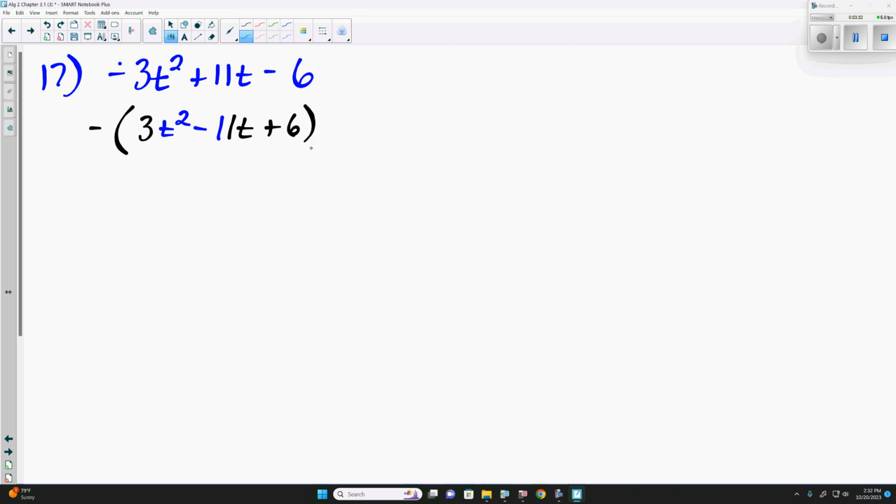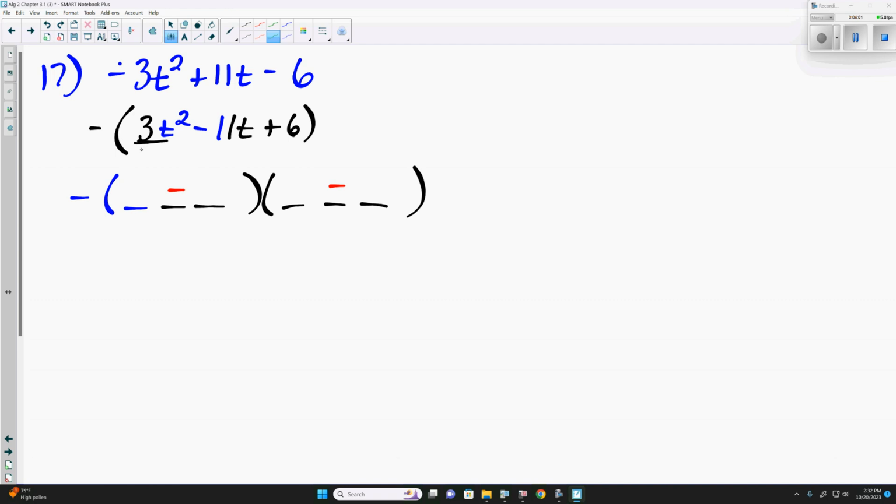So it's going to take it from negative 3t squared to positive, from positive 11t to negative, and from negative 6 to positive 6. Then we'll have our two sets of parentheses with 3 spaces. Since the third term is positive, our signs are the same and they match the sign of the middle term, so we'll have negative and negative.